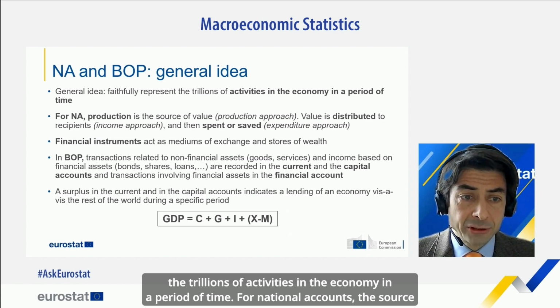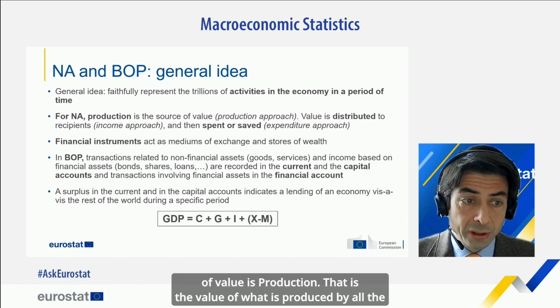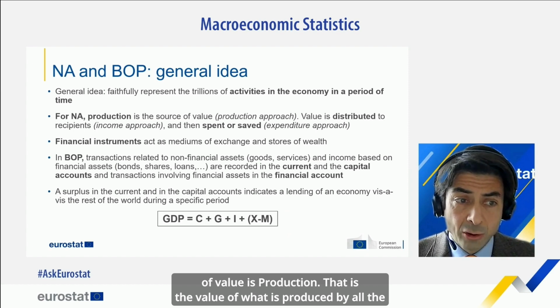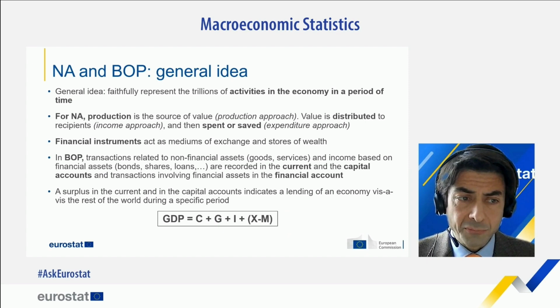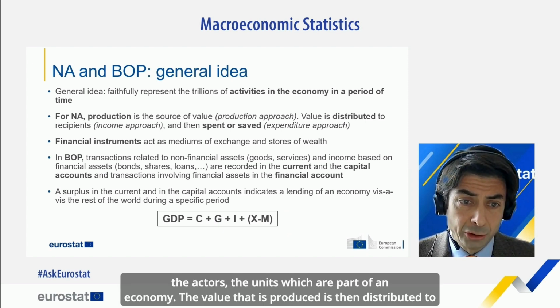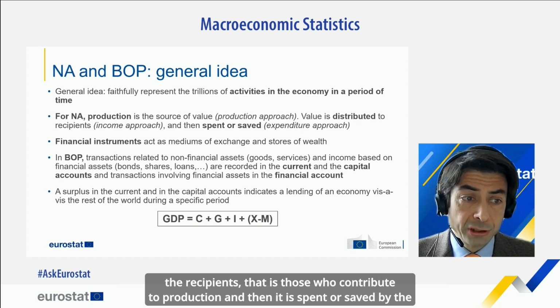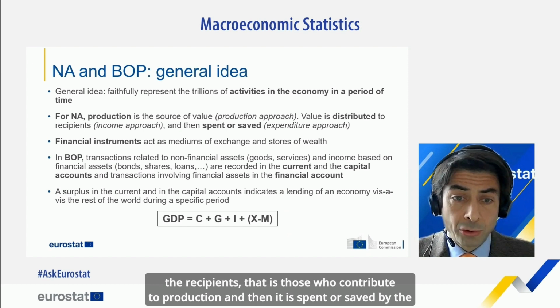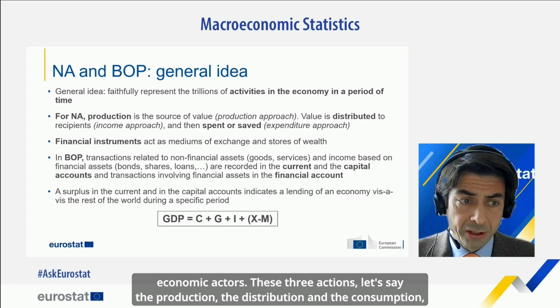For national accounts, the source of value is production. That is the value of what is produced by all the actors, the units which are part of an economy. The value that is produced is then distributed to the recipients, that is those who contribute to production, and then it is spent or saved by the economic actors.